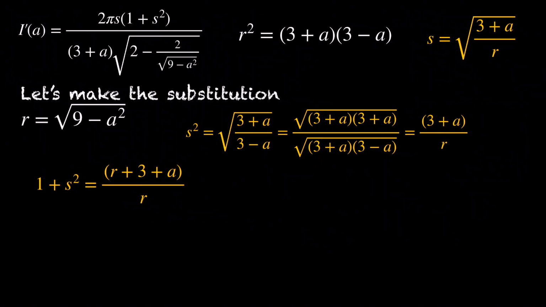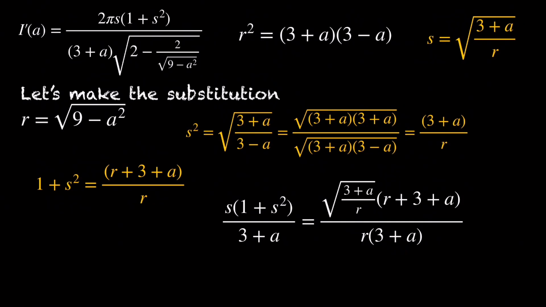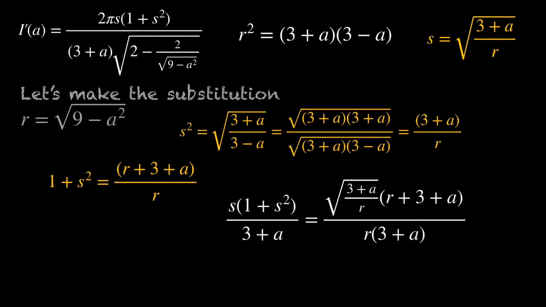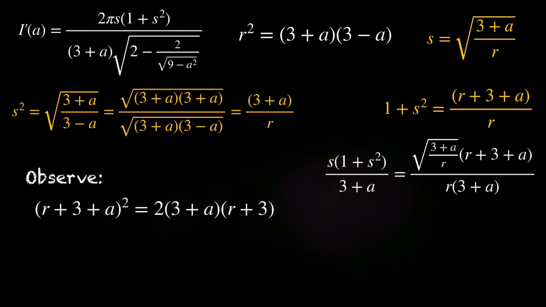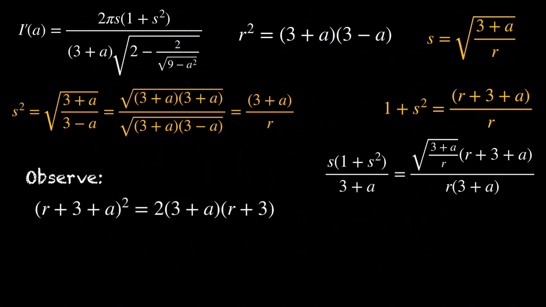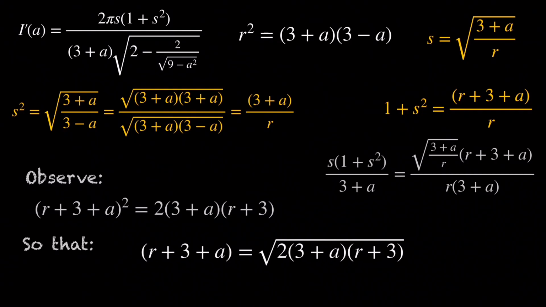S squared then is 3 plus a over r, and 1 plus s squared can be written as follows, putting our final integrand into this form. But observe that the square of r plus 3 plus a is given here, so that we might write r plus 3 plus a as a square root of this quantity.